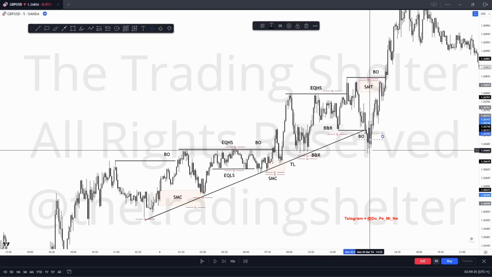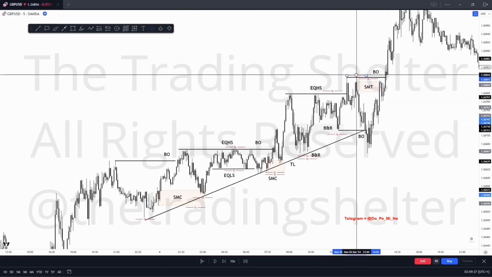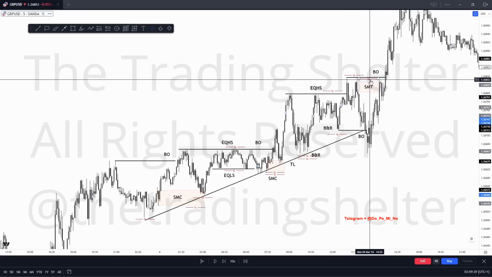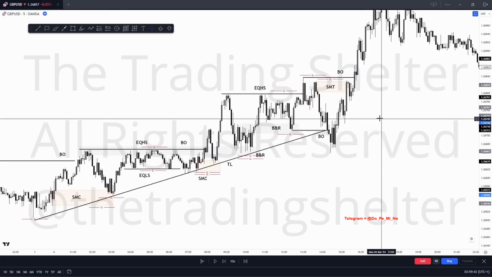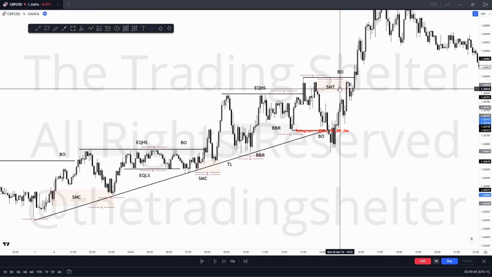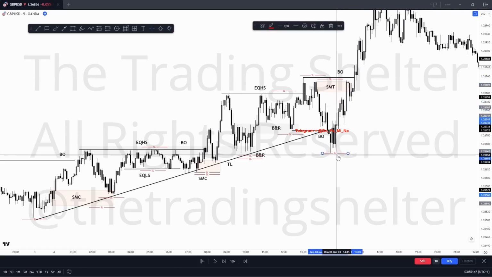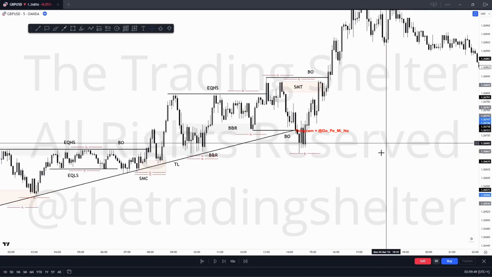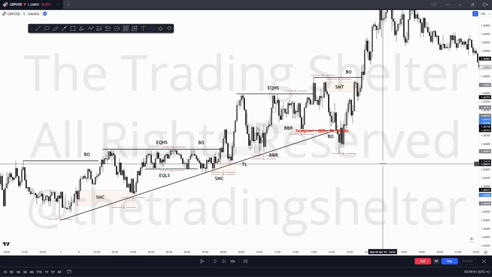So this is a leg that led to new low. So let me just put it here so it's easier for you to understand. And we can see that here we have breakout. All right. So this seems about right.